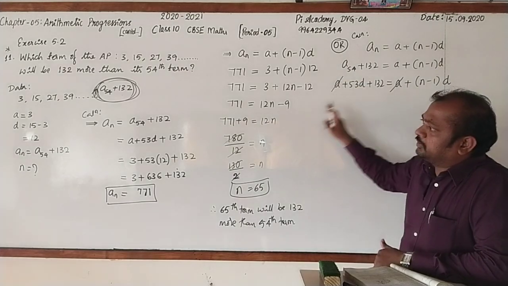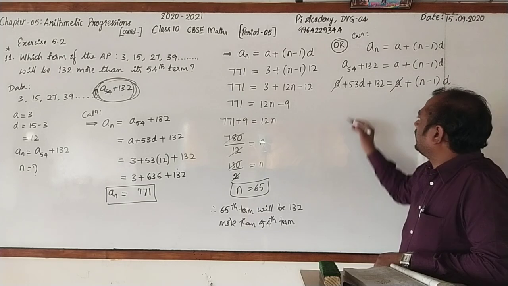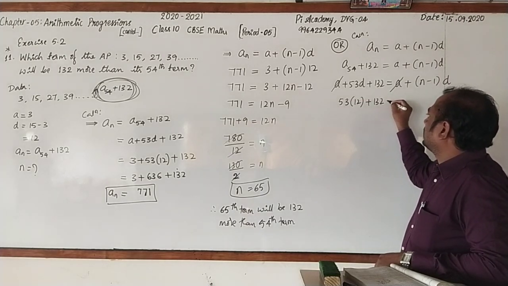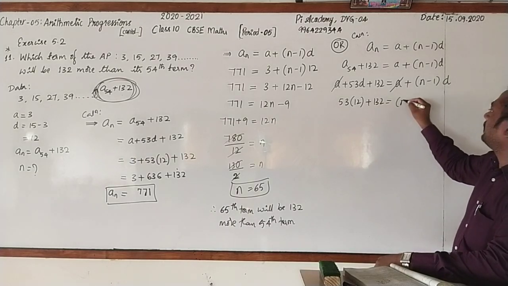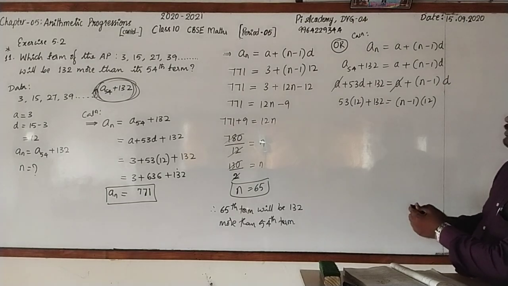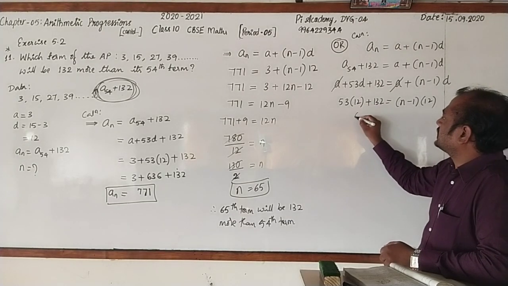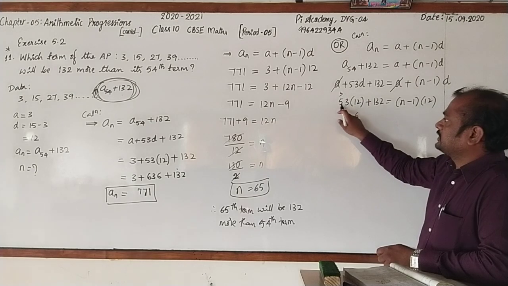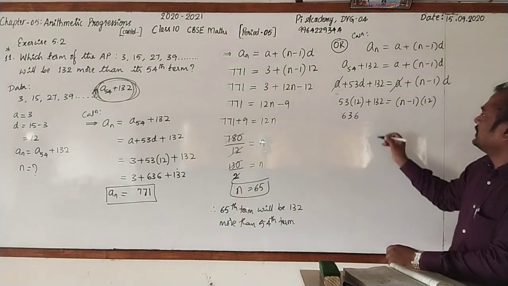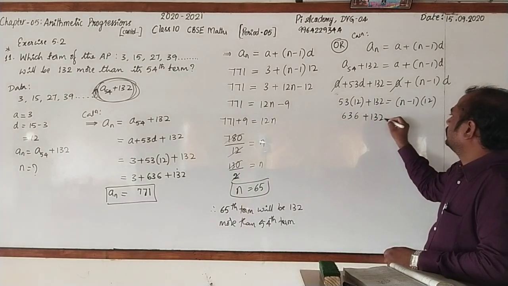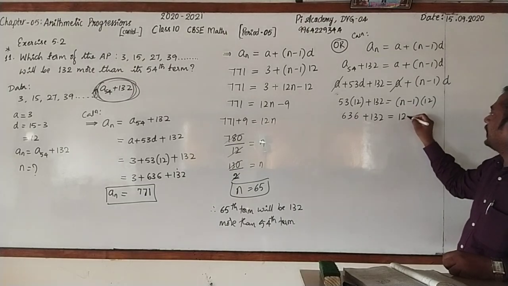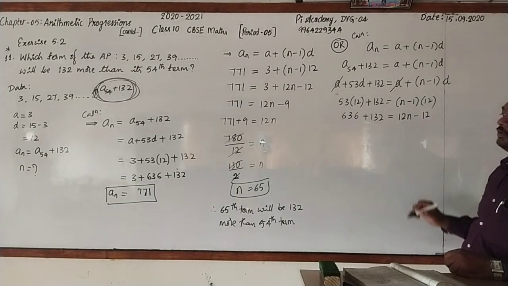Now substitute d. What is d? That is 12. So 53 into 12 plus 132 is equal to (n minus 1) into 12. Now go for multiplying. 12 3s are 36, 3 is the carry, 12 5s are 60, 60 plus 3, 63. 636 plus 132 is equal to 12 into n, 12n minus 12 ones are 12.